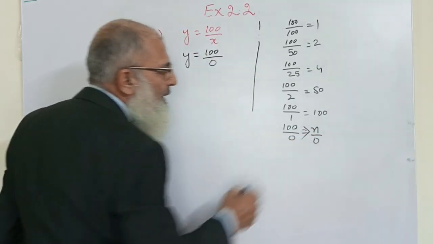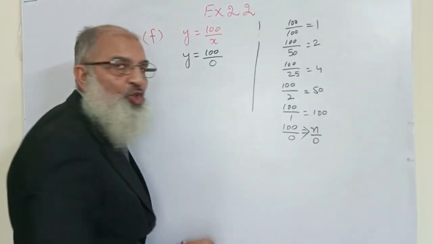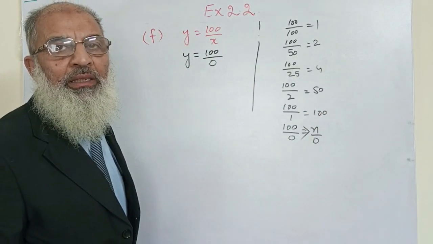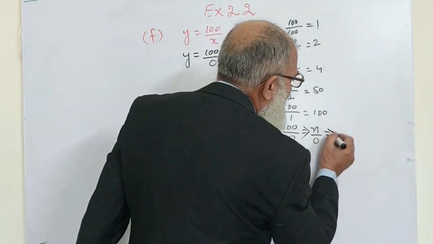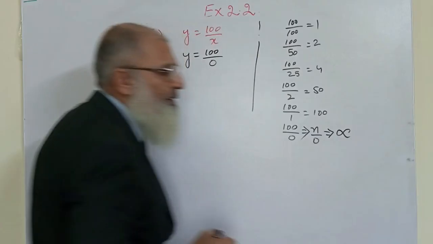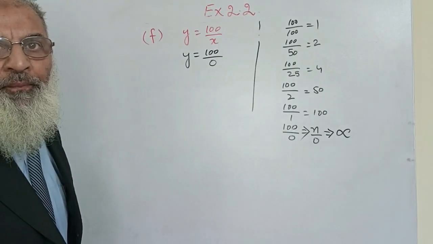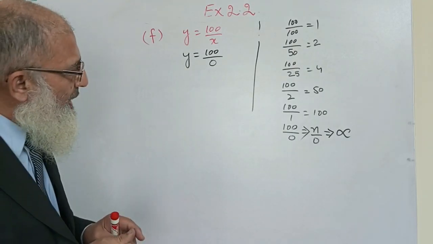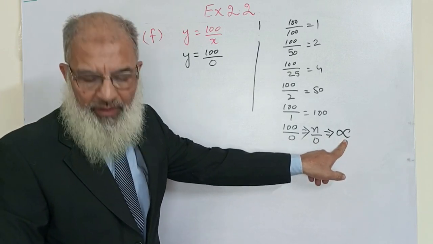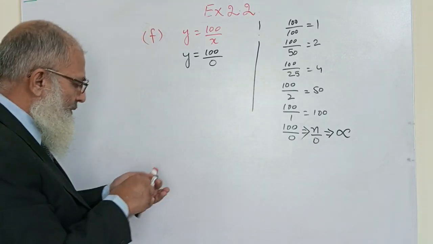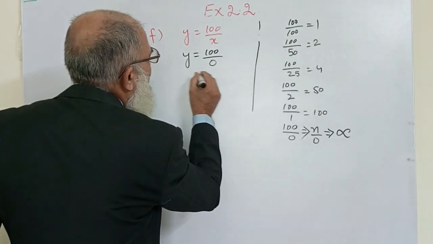The outcome will be so much increased that it will jump up to infinity. Now anything which is divided by 0 will jump up to infinity. Now the first value will be infinity.